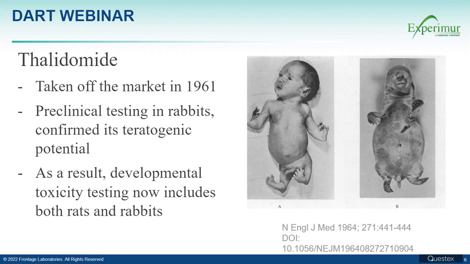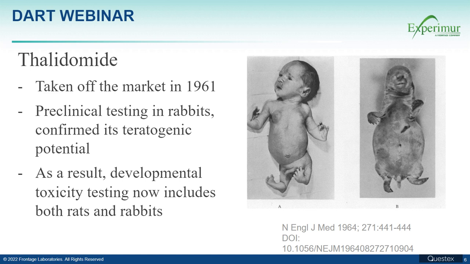Ultimately, when these congenital defects were identified, and unfortunately after children were already developing these malformations or being born with these malformations, thalidomide was taken off the market in 1961, and more testing was done, and they found that in preclinical testing in rabbits, the teratogenic potential of thalidomide was confirmed.